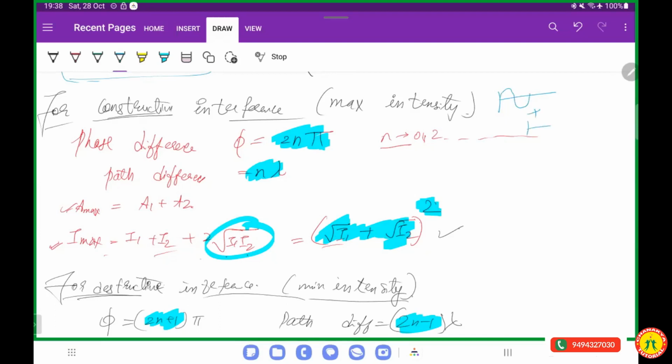Plus will give you, and in this one will give you a flat.